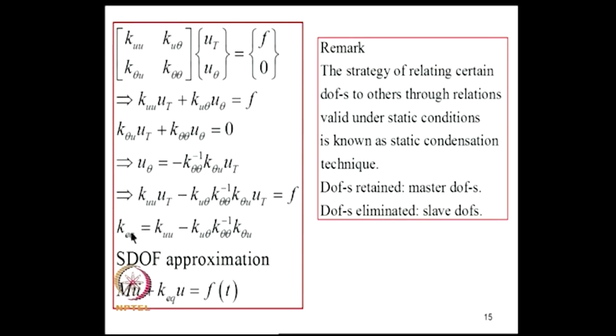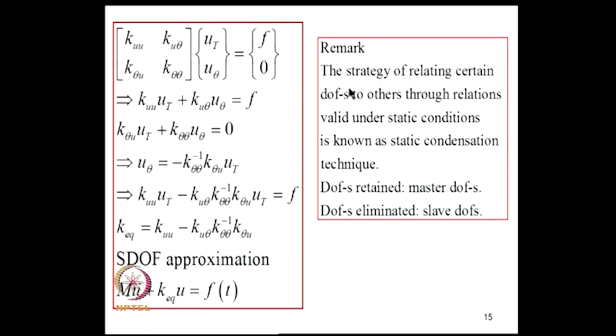and we can see that the equivalent stiffness will now be K_uu minus this extra term which we had not included earlier. We had simply taken K_uu as the stiffness term in the earlier calculation. So, the single degree of freedom approximation will therefore be m u double dot plus K equivalent u equal to f of t, where m is still the mass of the slab plus part of the mass of the columns.